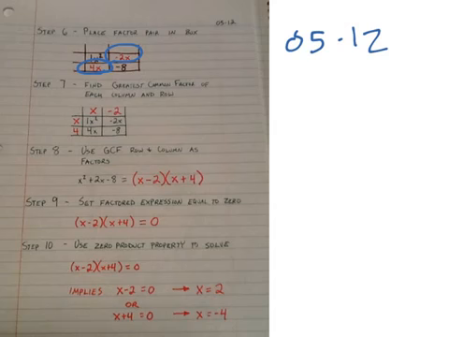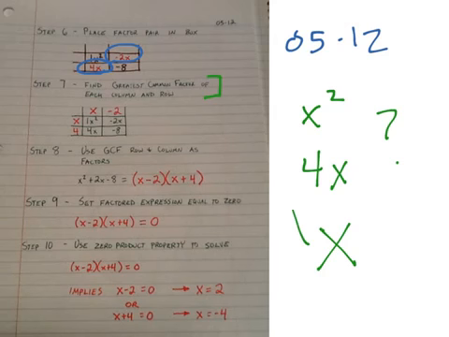The next step is to find the greatest common factor of each column and row. So, what is the greatest common factor of x squared and 4x? The only common factor is actually x. So that goes right there.